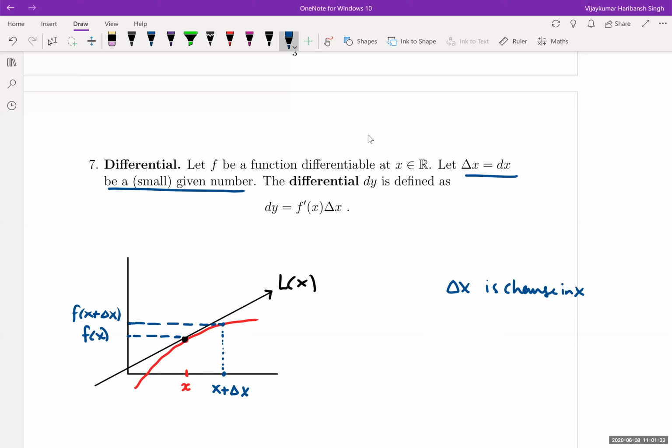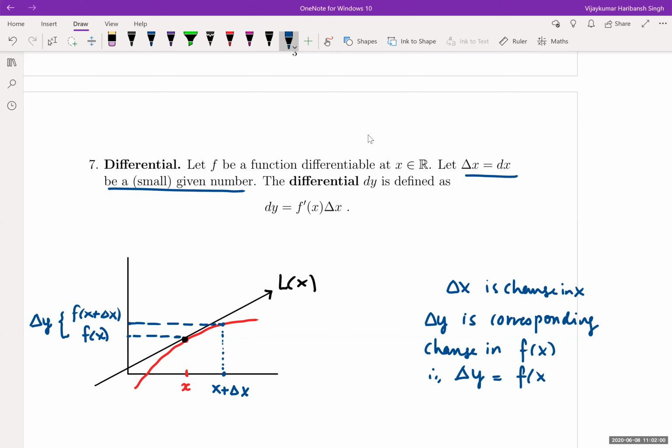And this difference is called delta y. So let delta x be change in x, then delta y is the corresponding change in f of x. That is, delta y equals f of x plus delta x minus f of x.